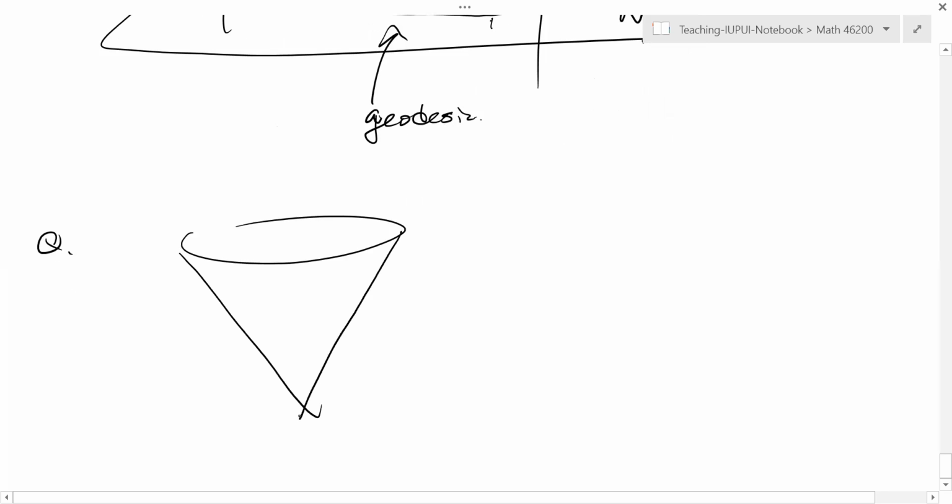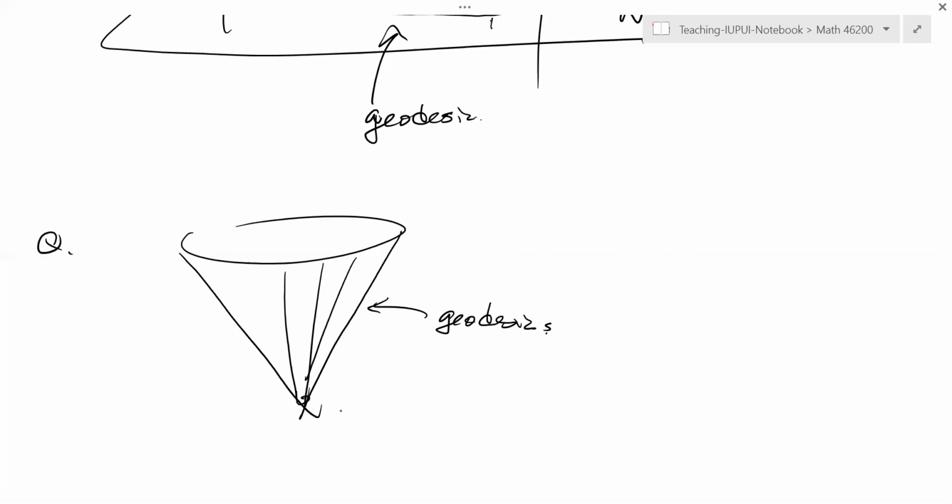Those straight lines are geodesics, because they are straight lines. But this other one may not be. It's not necessarily a geodesic.